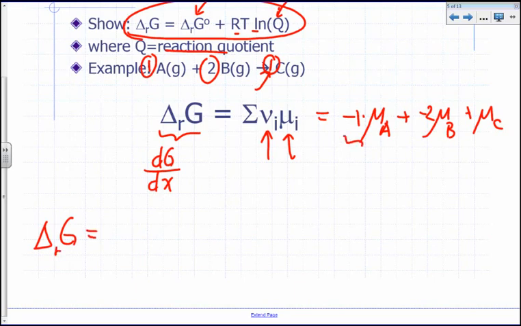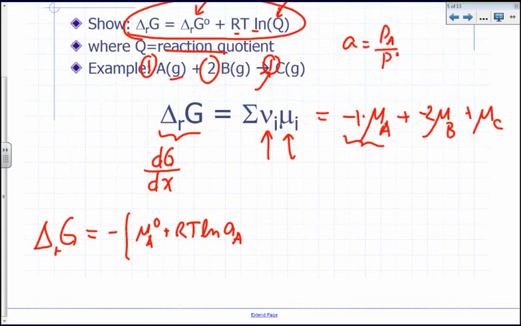And I'm going to rewrite this. I'm going to say that's -1 times mu A naught plus RT natural log of activity of A. Now, if this was pressure, since this is a gas, activity in this case would just be partial pressure of A over P naught, right? So I'm just going to make this generic. I'm just going to call it activity of A because this could apply to aqueous solutions as well.